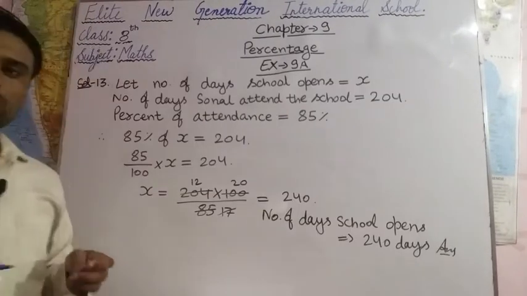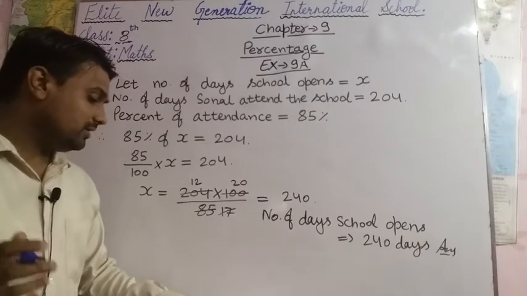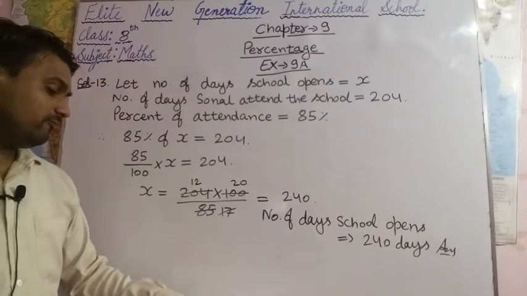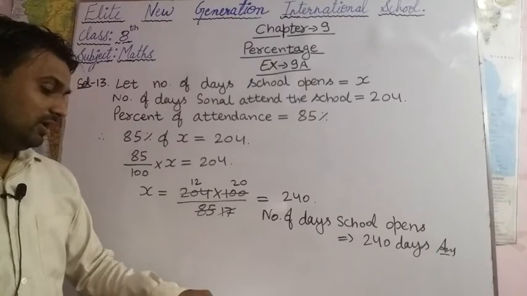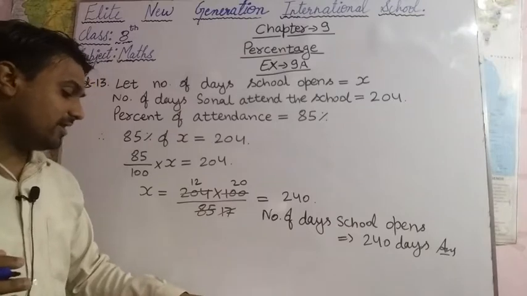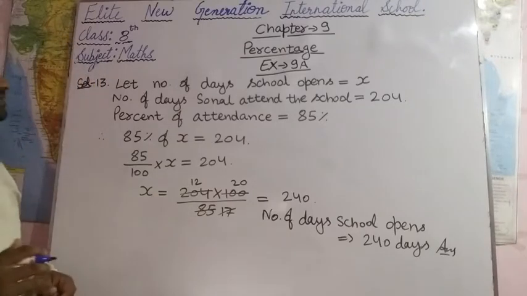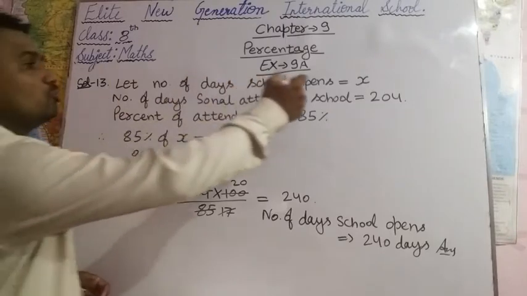After this, see question number 13. In question number 13 we have to find that Sonal attended her school on 204 days in a full year, and her attendance is 85%. Then we have to find the number of days on which the school was open. Let the number of days the school was open be x.